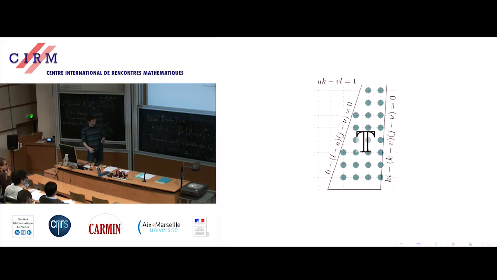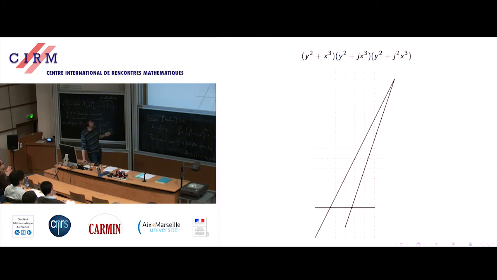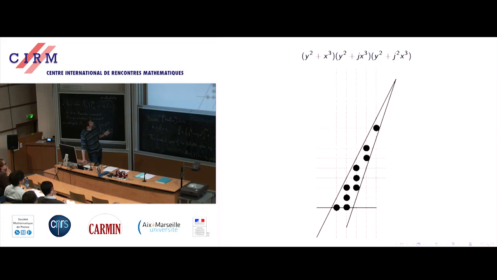So this theorem gets you the description of the moduli space of this function. And let me show you what happens with an example. Consider, for instance, this example. Here k and l are equal to 2 and 3, and there are three such cusps with different slopes. So you can draw the triangle associated to this example. You have many integer points.